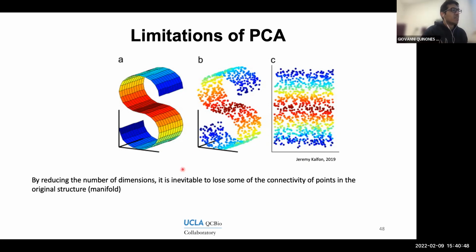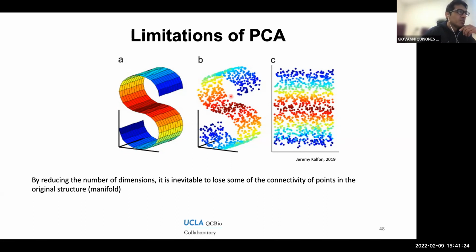And so what does that mean? You can consider, for example, that your data set is in these 3-dimensional coordinates. So you have a height, a width, and a length. And the pattern, the structure of your data, is shaped like an S. Hopefully you can all see that this S shape is 3-dimensional because it has a width, and the data points are colored based on their relative position on this S shape.